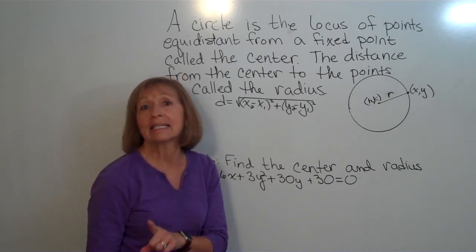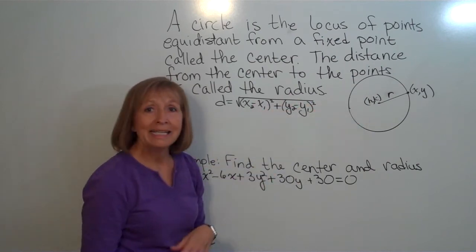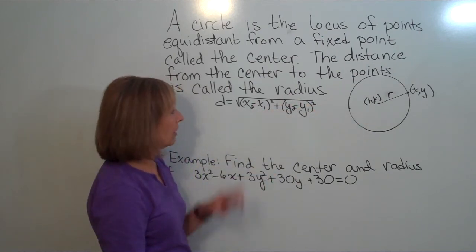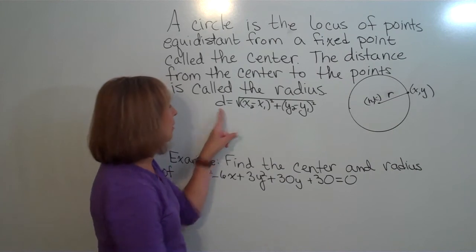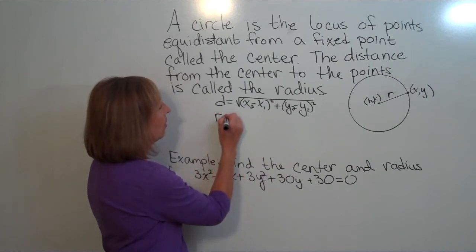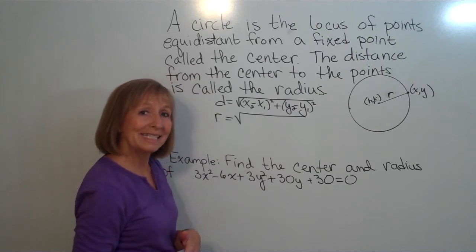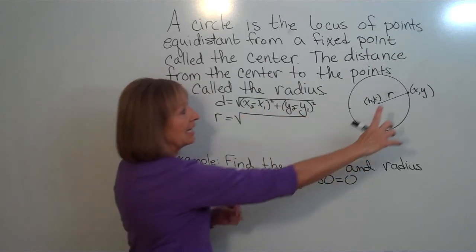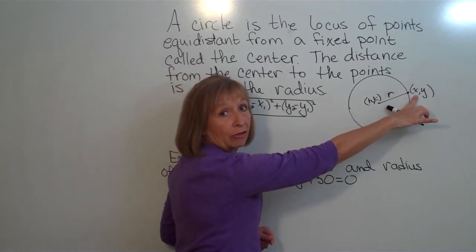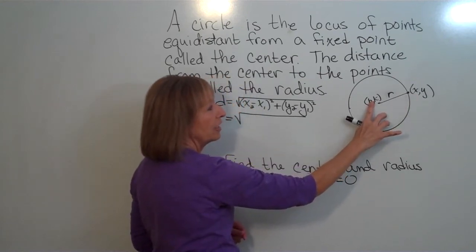Now the distance in our circle is that fixed distance r. So I'm going to call our fixed distance r, and the points that we're trying to find the distance between are a general point on the curve and the center.